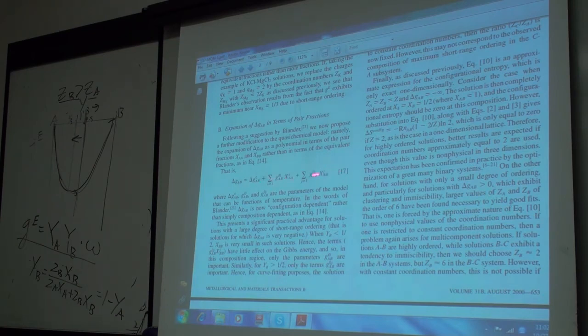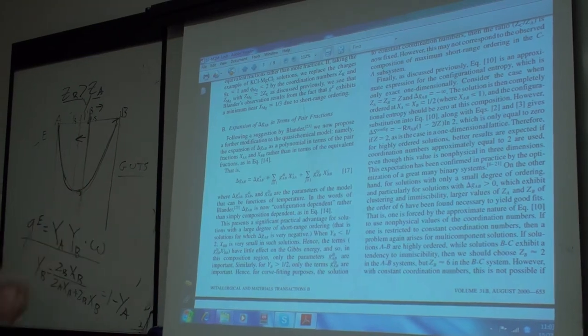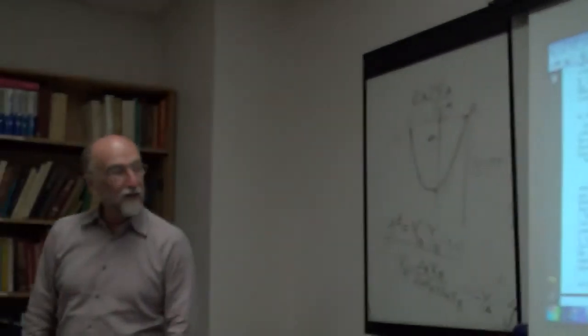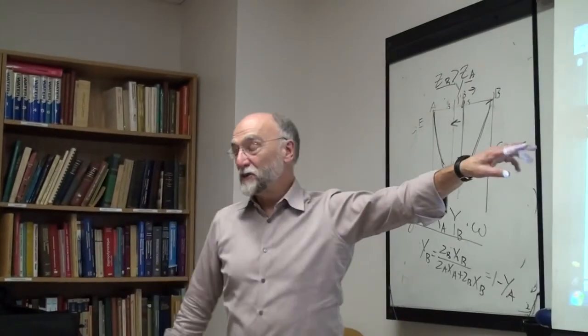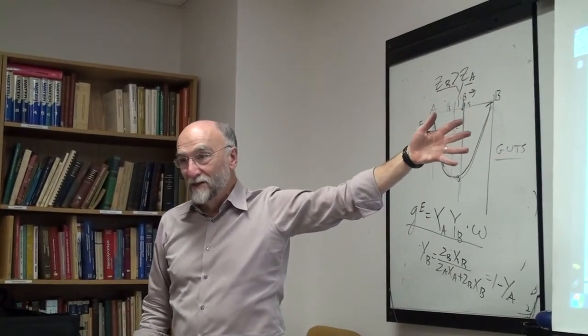It's being expanded not in terms of the overall component fractions, but in terms of the pair fractions. You've heard people talk about the GUTS model. This is a joke I made a long time ago, the Grand Unified Theory of Solutions, and people liked it, so this is a GUTS expansion, and the other is a polynomial expansion.